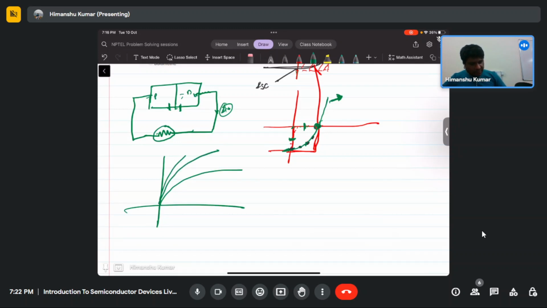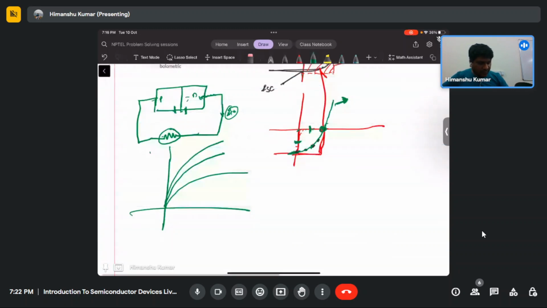If you consider this common emitter amplifier, then this is IC versus VCE. Then you draw a load line which signifies the external circuit, right? Then the intersection of these characteristics with that load line decides the operating point out of all possible points where you can operate.